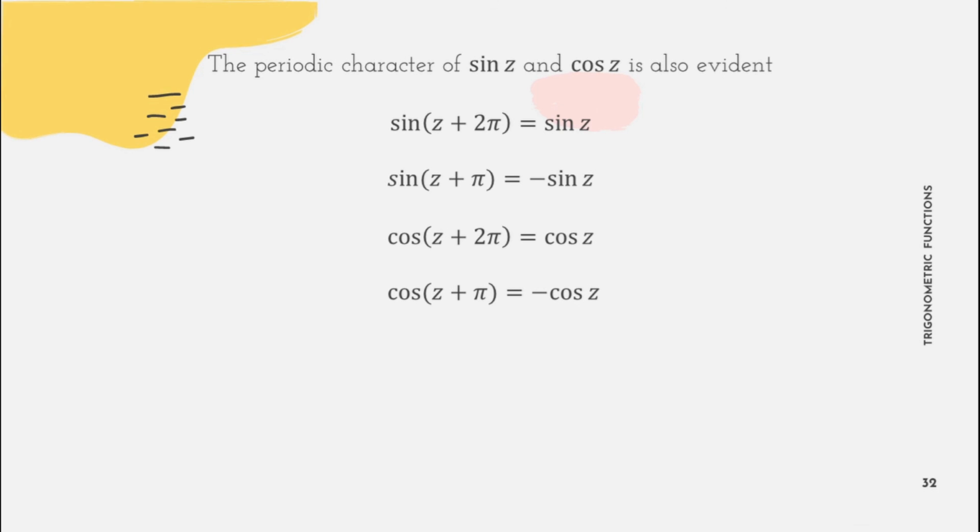The periodic character of sine z and cosine z is also evident. The periodic characters are sine z plus 2 pi is equal to sine z, sine z plus pi is equal to minus sine z, cosine z plus 2 pi is equal to cosine z, and cosine z plus pi is equal to minus cosine z.